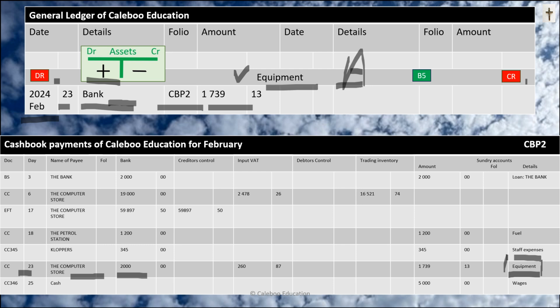The historical cost of the equipment was 1739 and 13 cents. The equipment account was debited because we applied the accounting rules. Keep it up. We're getting there. We're nearly finished with the Cashbook payments while posting to the general ledger from the Cashbook payments. Keep up the great work.